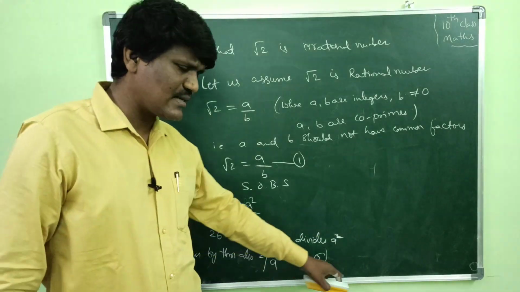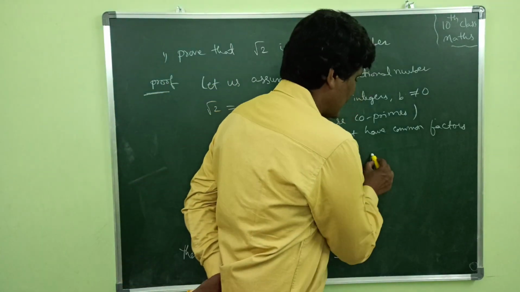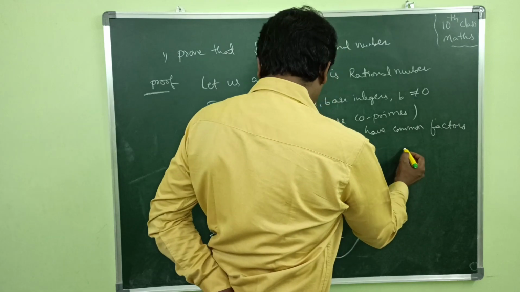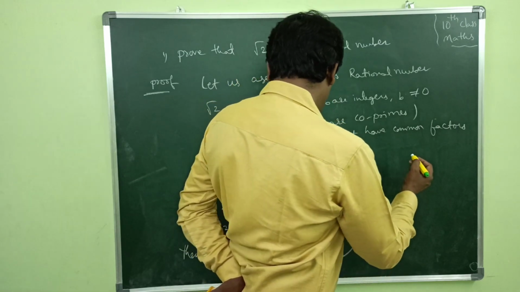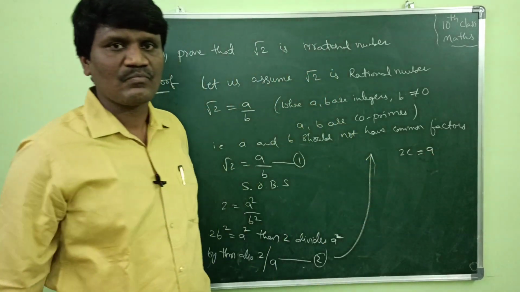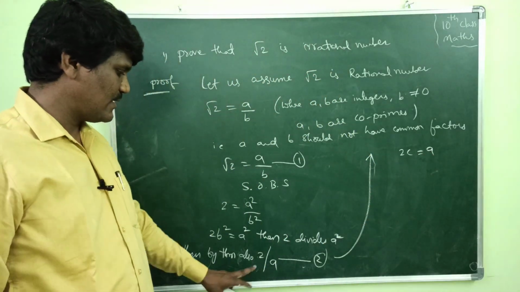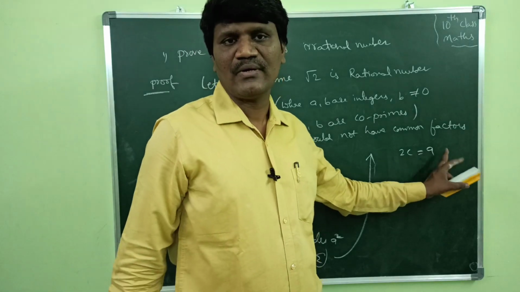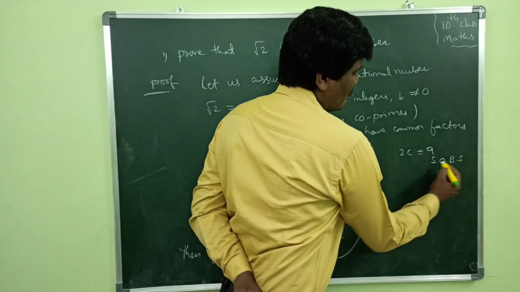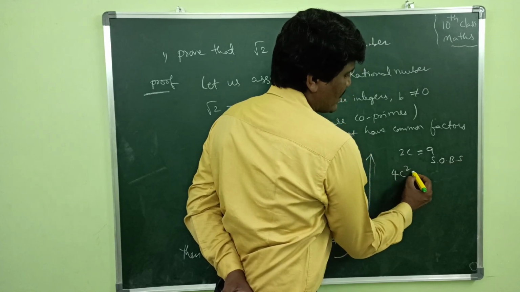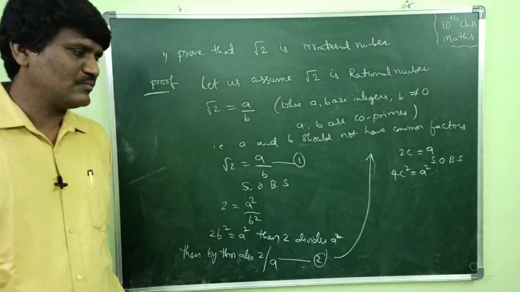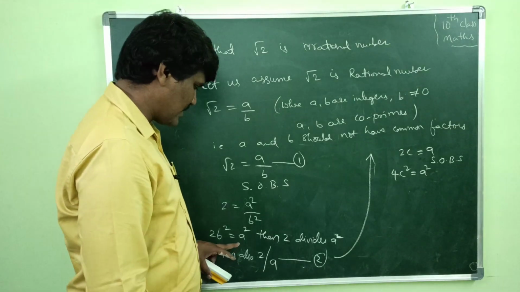2 divides a is nothing but 2c is equal to a. Again squaring on both sides, what can I write? 4c square is equal to a square.